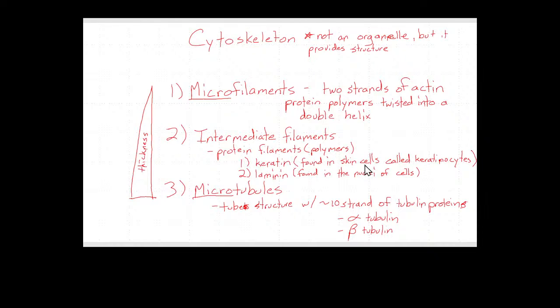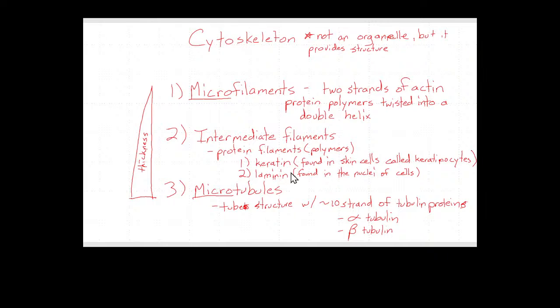And so then as they die, most of the cell goes away, but you are left with a bunch of this keratin. And so when you touch your own skin or someone else's skin, you are touching, for the most part, a whole bunch of keratin. And well, there's some other stuff there too, but the main protein is going to be keratin.